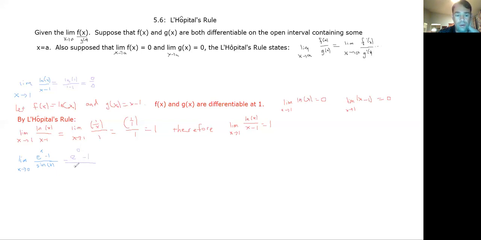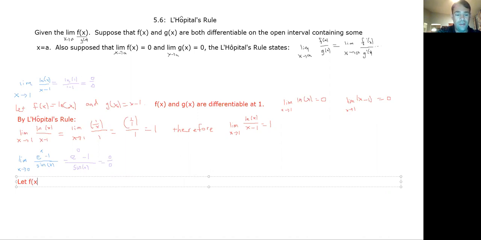So if we plug it all in here, that equals 0 over 0. So it is indeterminate. So now we're going to go write our setup.